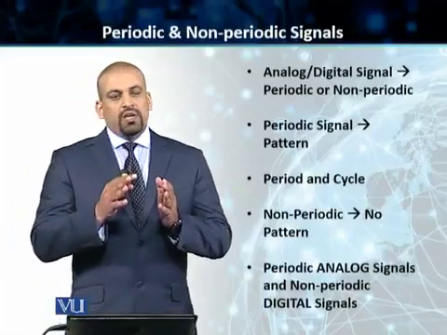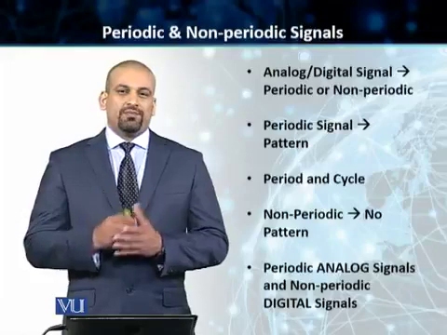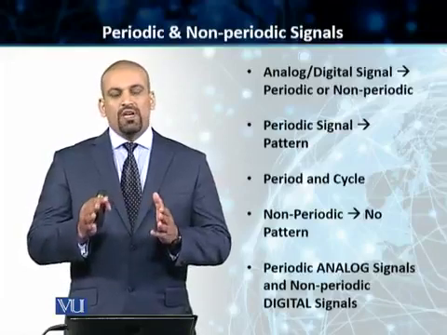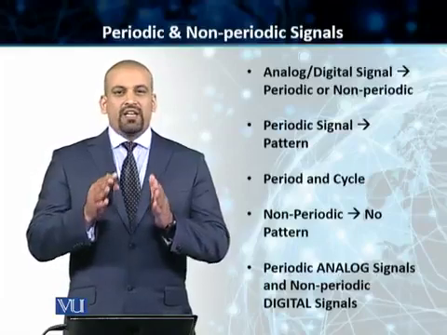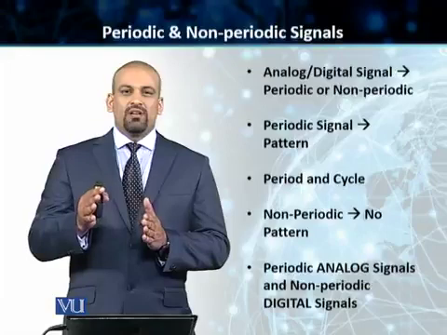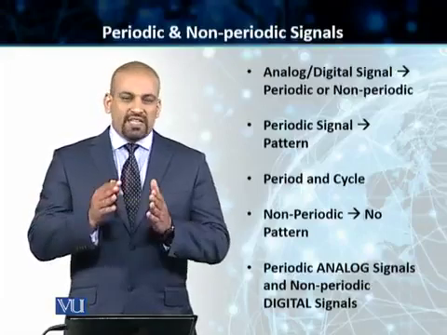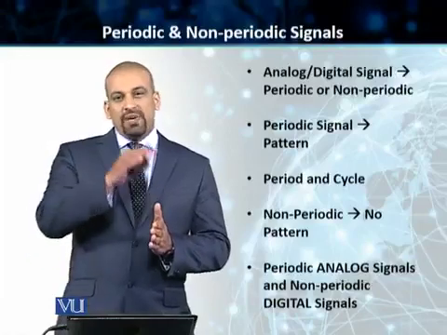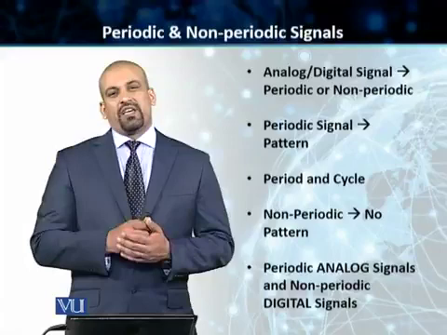So students, periodic signal के case में there is a concept of period. The time in seconds that it takes for the periodic signal to complete its pattern is called a period. When that signal has completed its pattern, we say that it has completed one cycle.